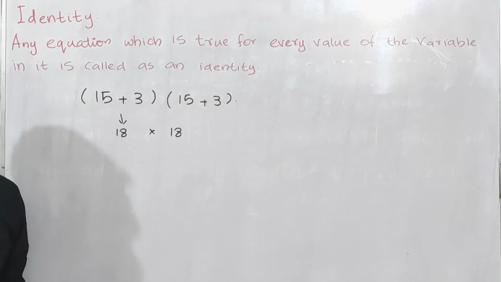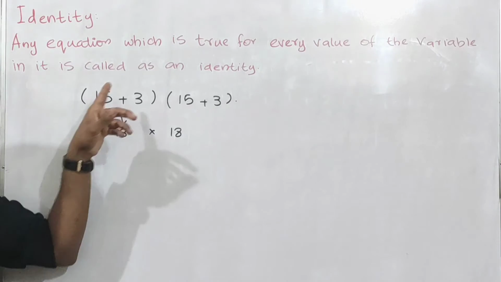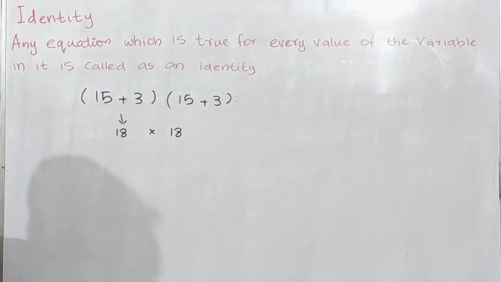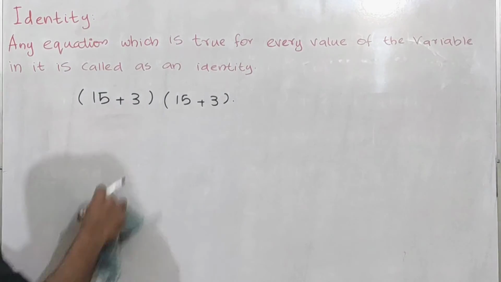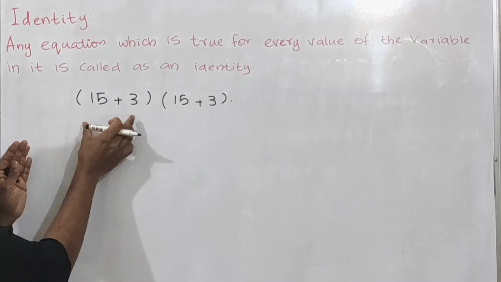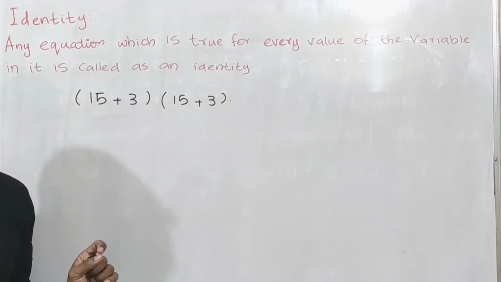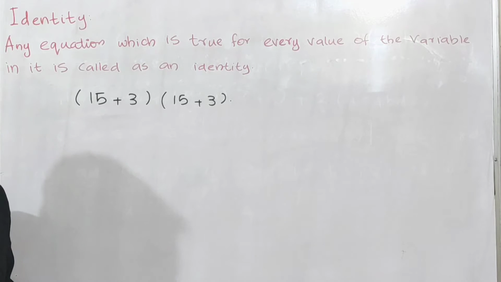Anyway, I'm just giving you an example to demonstrate the value or the importance of identity. So, if you want to multiply these two terms, which method will you adopt? We can use the multiplication of a binomial by another binomial, isn't it? Now, that is one way.